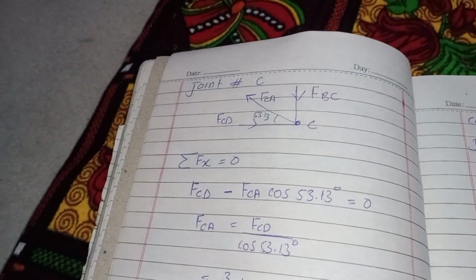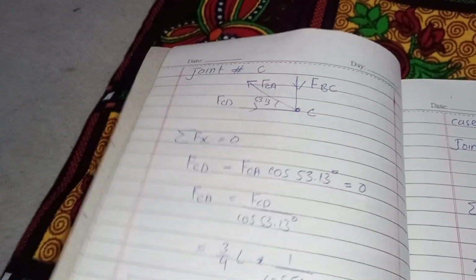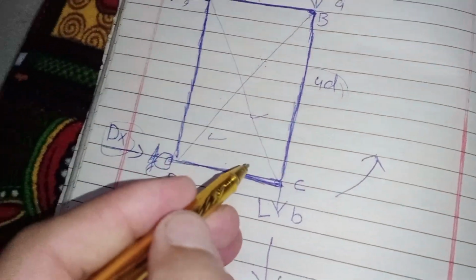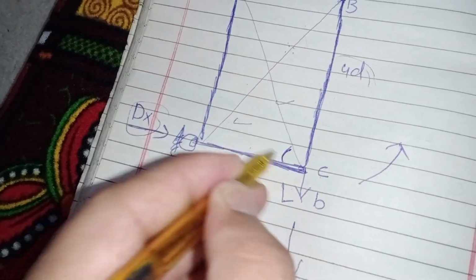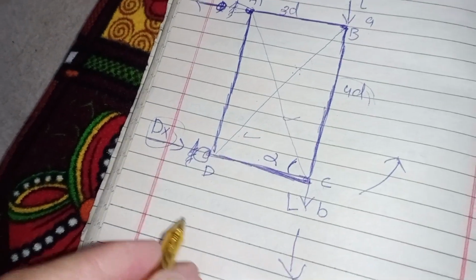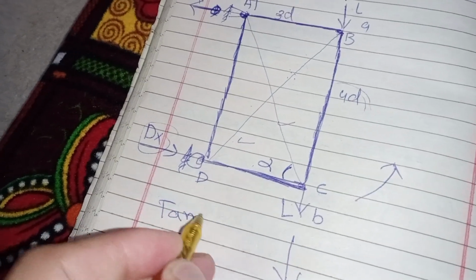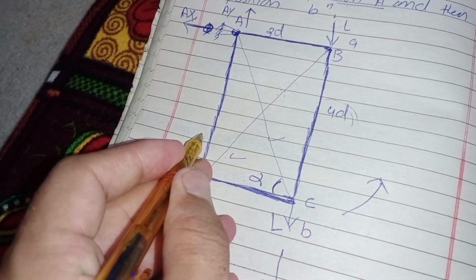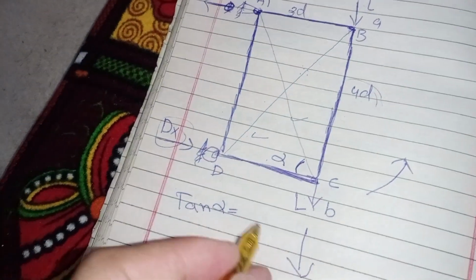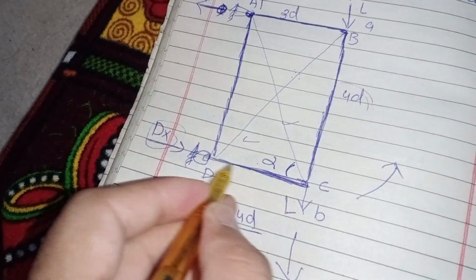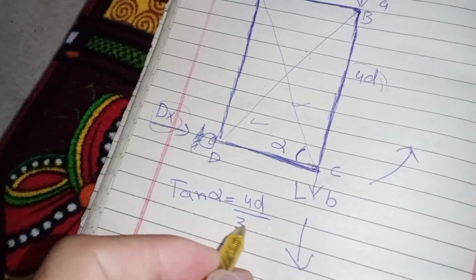If I find this angle, for example this angle is alpha, then tangent alpha equals the opposite side, 4D, by the adjacent side, 3D.